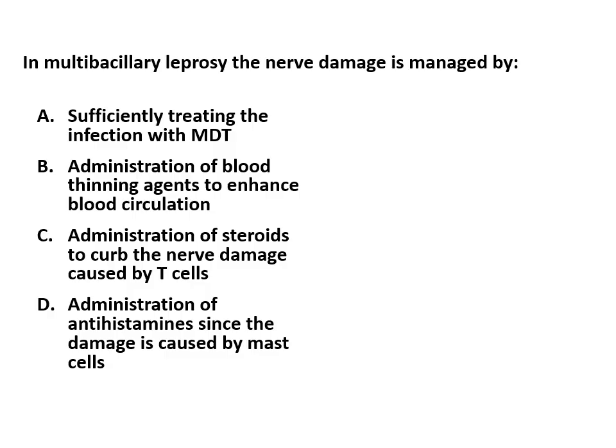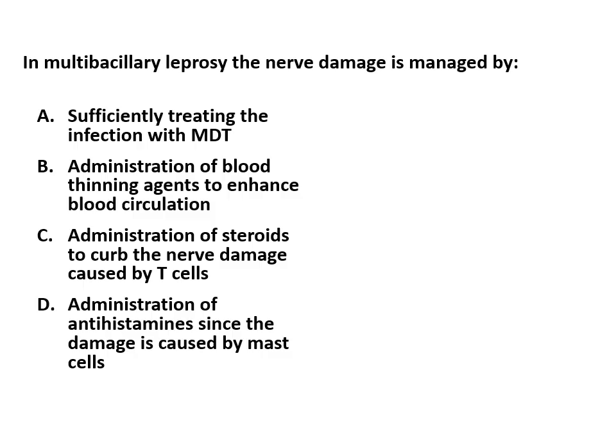To conclude this lecture, I will give you a moment to think about the following question. In multibacillary leprosy, the nerve damage is managed by A. Sufficiently treating the infection with multidrug therapy, B. Administration of blood thinning agents to enhance blood circulation, C. Administration of steroids to curb the nerve damage caused by T cells, or D. Administration of antihistamines since the damage is caused by mast cells.